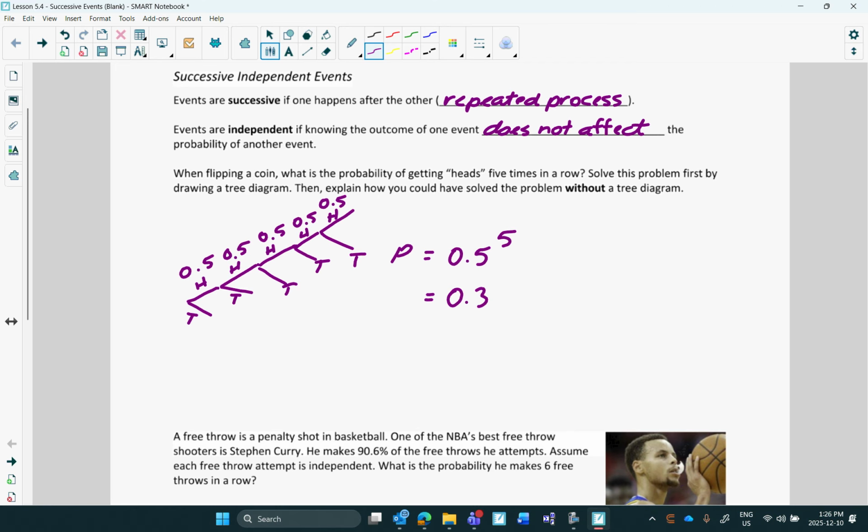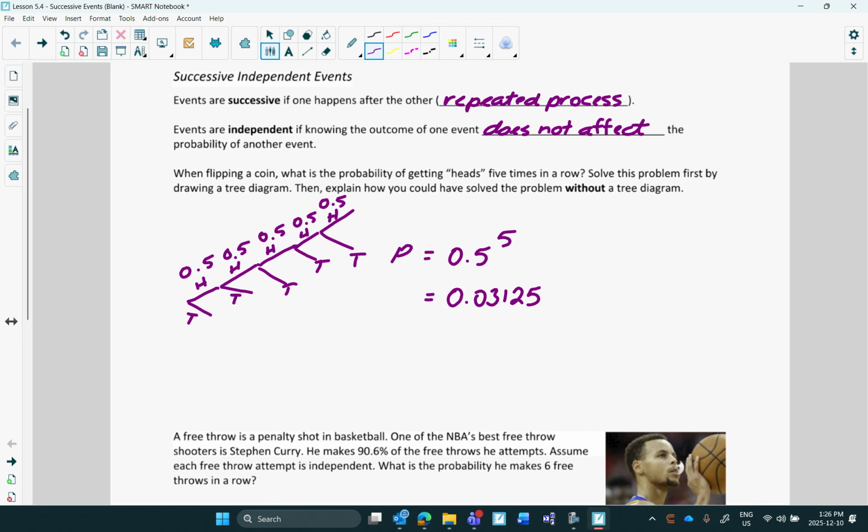That's going to give us about, that doesn't seem right. Did I make a mistake in my notes? 0.5 to the 5th is 0.03125. I don't know why I put that in there. So it's 0.03125, or just a little over 3%.